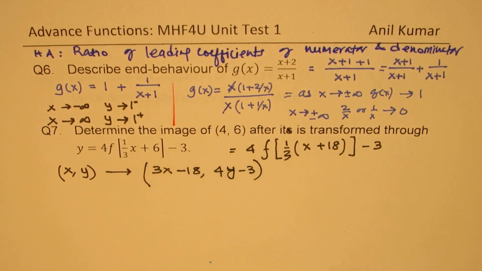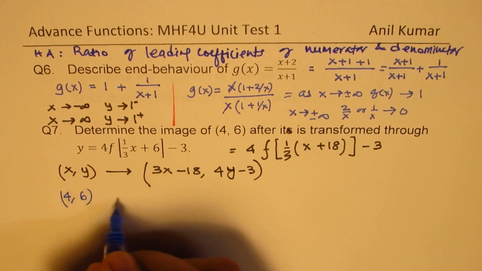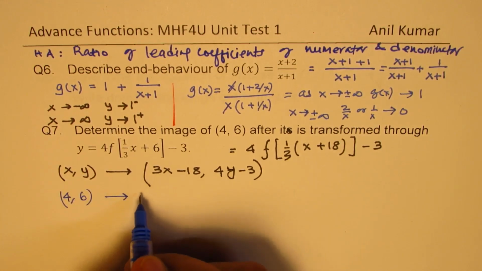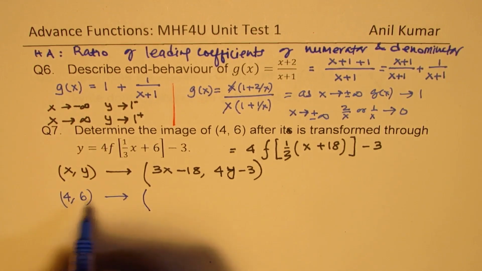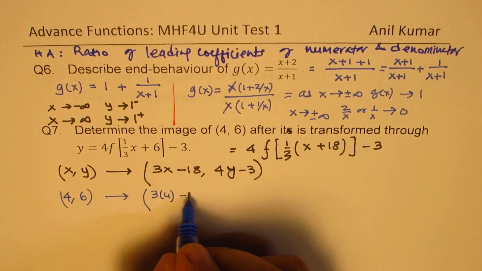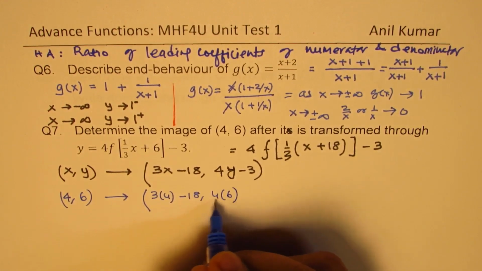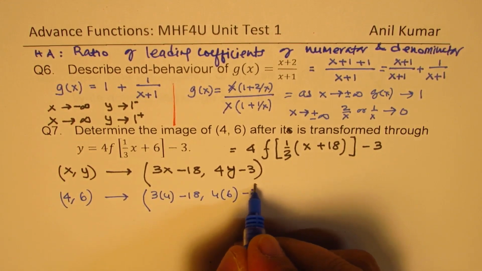Now we are talking about the coordinates (4, 6), right? So if x is 4, y is 6, in that case the image of this particular point will be what? We'll just multiply 3 with 4, then take away 18. As far as y is concerned, we'll multiply 6 by 4, and then take away 3.